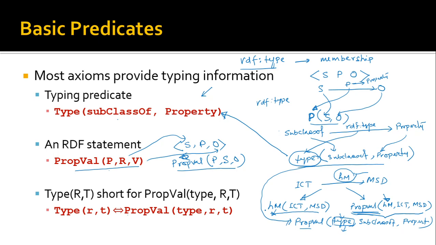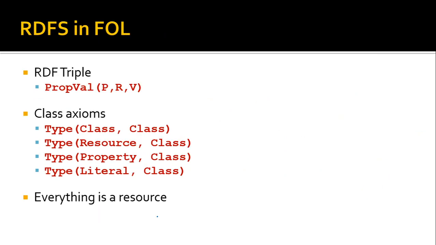Whenever we have something like RDF type R T, meaning R is a type of T, that is equivalent to the predicate prop val type R T. So for a standard vocabulary like type, we'll use this short form, but for others we will use prop val.